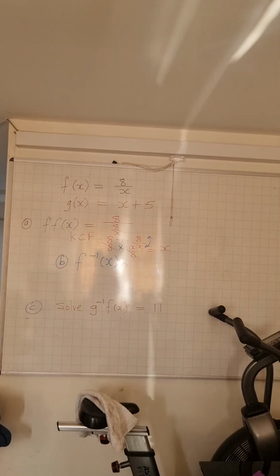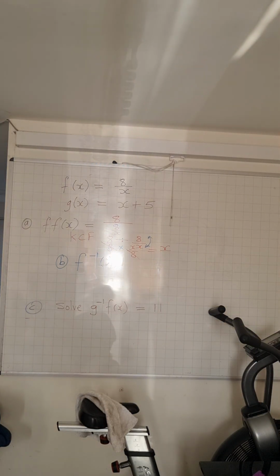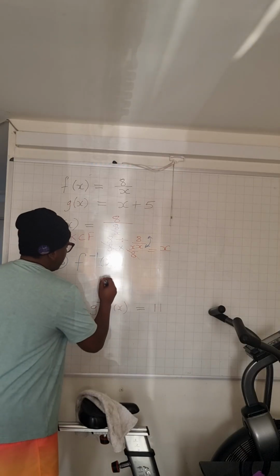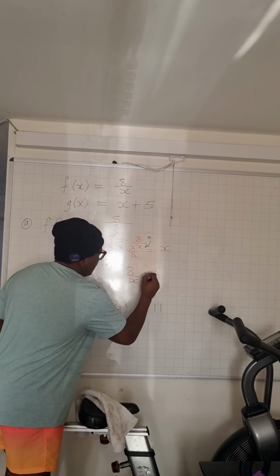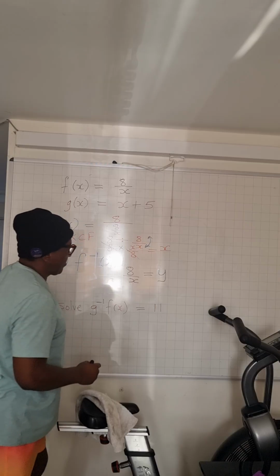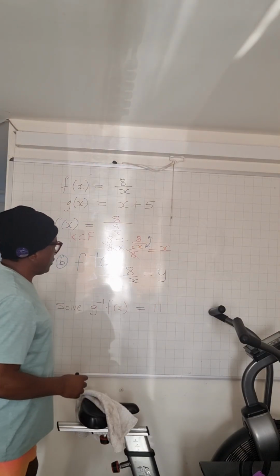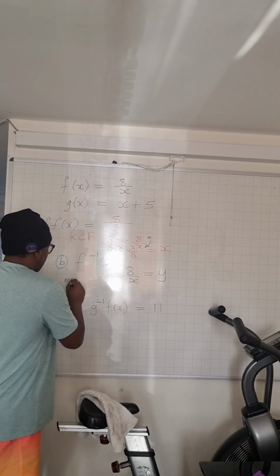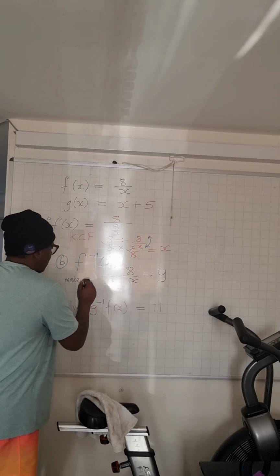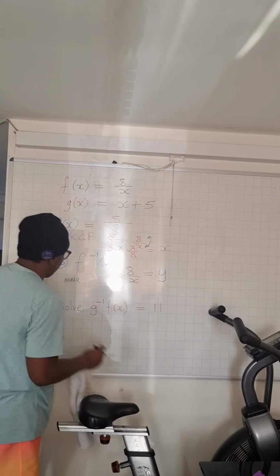The inverse means, let's see, that makes it better. So f of x is 8 over x. We can write it as y equals 8 over x. And then what we want to do is make x the subject. You can swap them and make y the subject if you prefer.